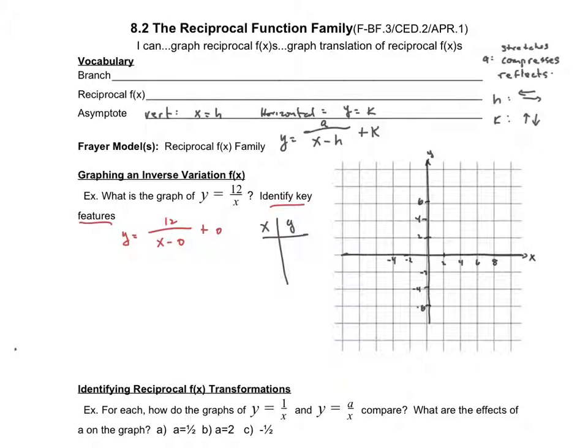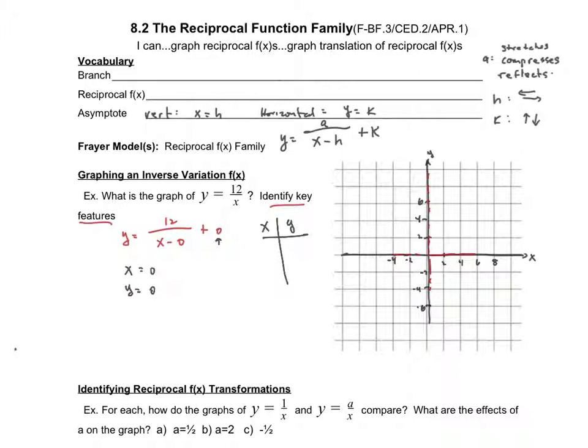I do know that my vertical asymptote is x equals h, and h here in this equation is 0, and my horizontal asymptote is y equals k, which is 0. So technically there is an asymptote on those axes that the function is never going to touch.